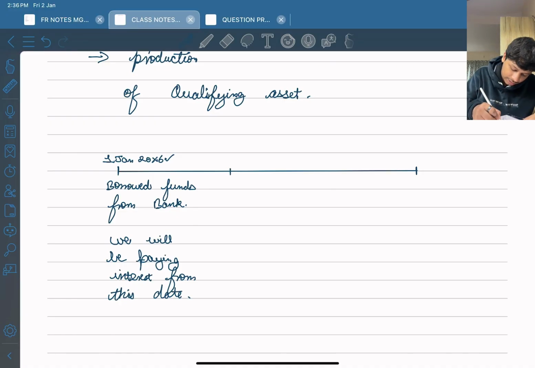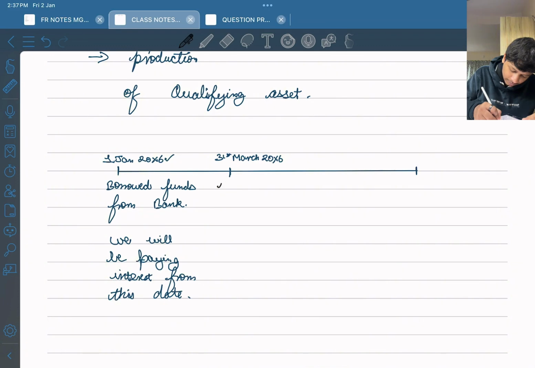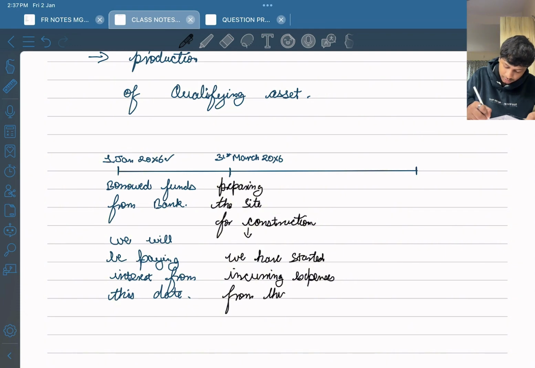Now assuming that this is 31st March 20x6, on this date we have started preparing the site for construction, which means we have started incurring expenses from this borrowing.